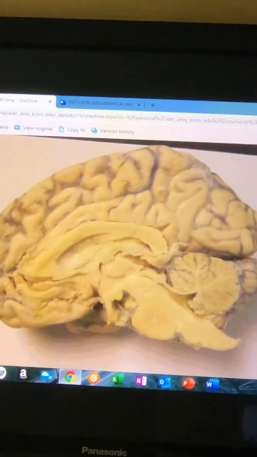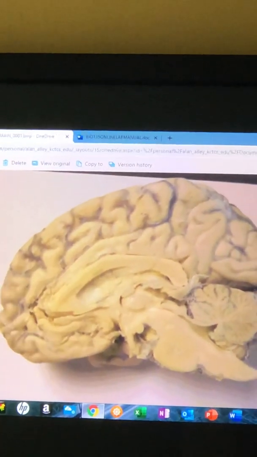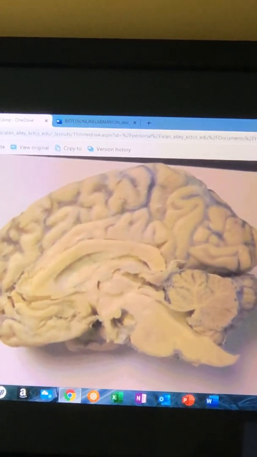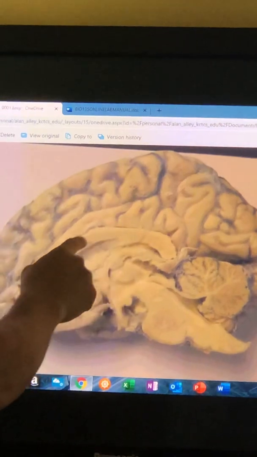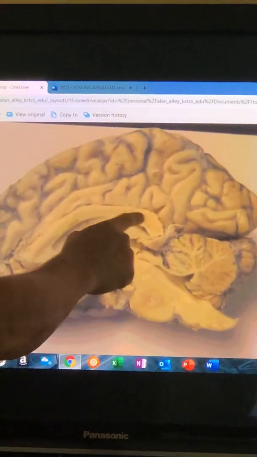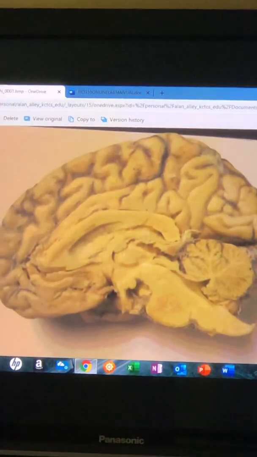It actually all looks brown, I know, but this is a preserved brain. In a living person, it would be more white, and that sheep brain was a little fresher, so you can see how white that would be. But this is a big band of white matter that connects your hemispheres. This is called the corpus callosum. This is on your list. You can look up your list.